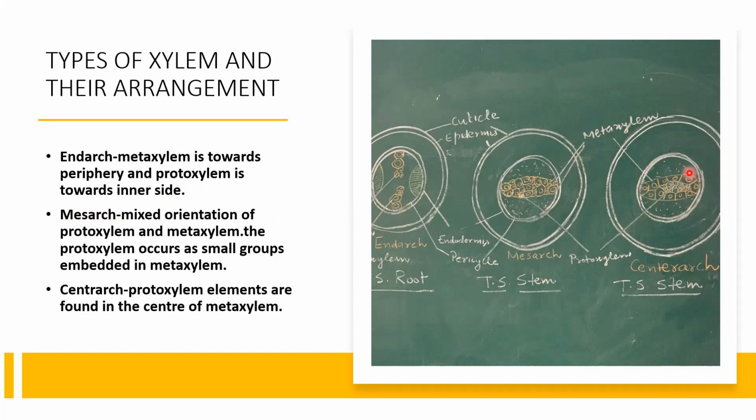But in some vascular bundles, in the center is protoxylem, and this is surrounded by metaxylem on all sides. So this is called the central condition. To recap: when metaxylem is facing toward the periphery and protoxylem toward the inner side, the condition is endarch. When there is a mixed arrangement, the condition is mesarch. When protoxylem is present in the center, surrounded by metaxylem all around, the condition is called central.